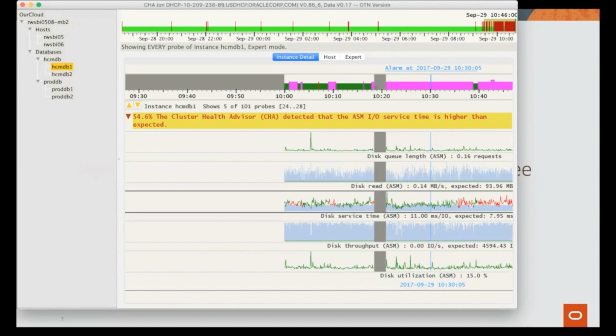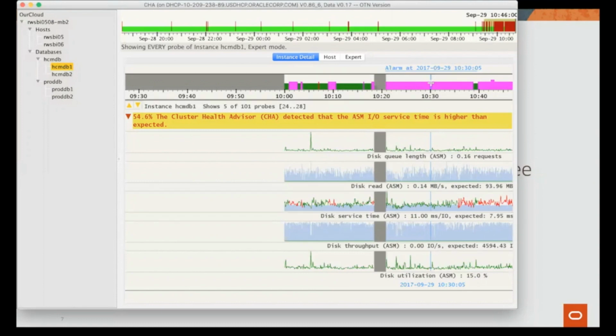So our algorithm is checking how the predicted value compares to the observed value, and as soon as the residual goes over a certain size, we raise an alarm. Mm-hmm. So it's like what we're seeing here in red. Yes.